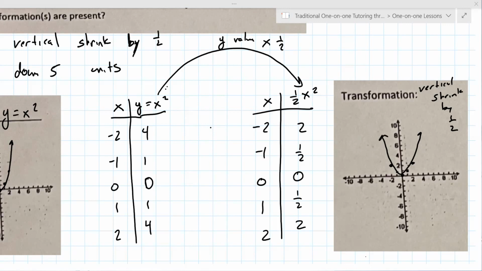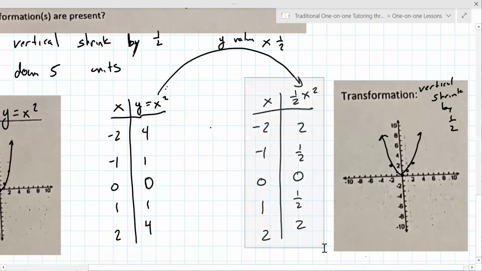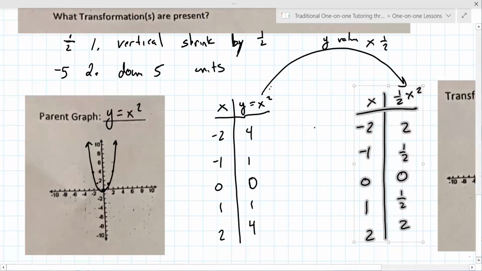Got it down. Excellent. Okay, so our next transformation, what's the second transformation in this problem?